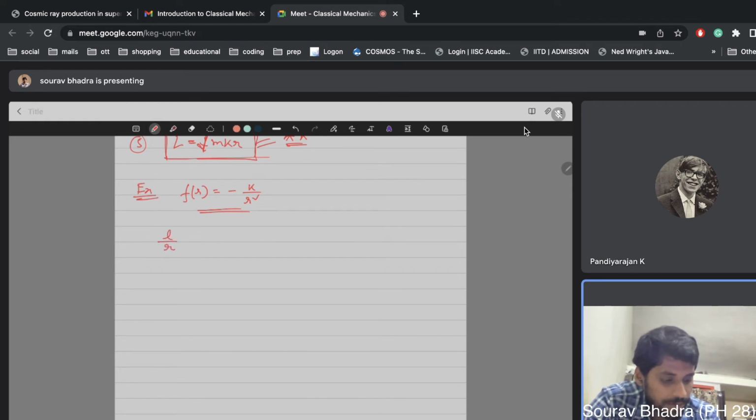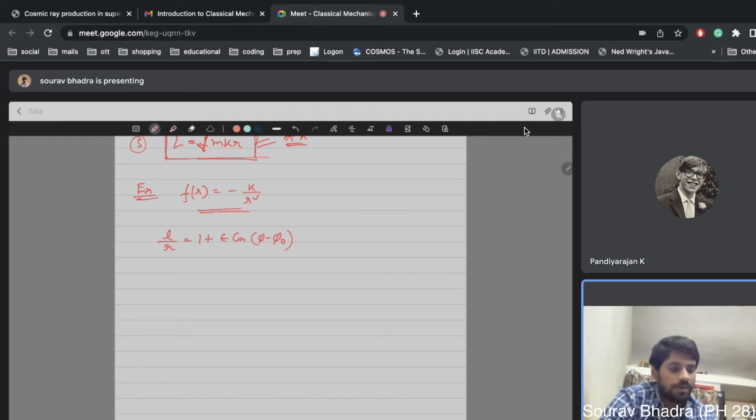Okay, so for a particular conic section, you know that our equation is 1 plus epsilon cos of phi minus phi 0. If phi 0 is equal to 0, then you can write it as 1 plus cos phi also, no problem in that, but I am taking phi 0 here. So l by r is 1 plus epsilon cos phi, where epsilon is the eccentricity and small l is the semi-latus rectum. You should always remember that it is the important thing.